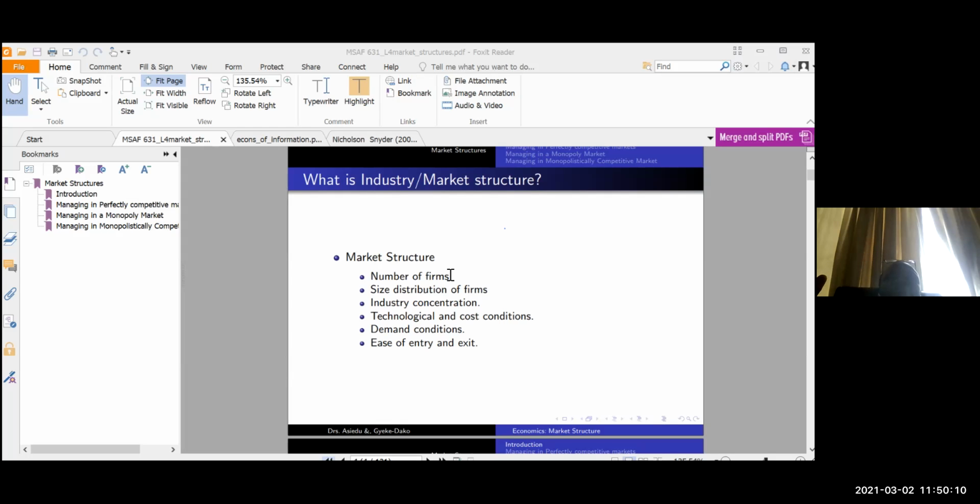If there are so many firms, then it can be risky. Size distribution, maybe they are big, they can affect you. It's embedded in the structure. It's not characterizing the structure. We cannot say that this business is risky. It's risky maybe because the cost conditions are very costly and there's a probability that demand is also less. So that can affect you.